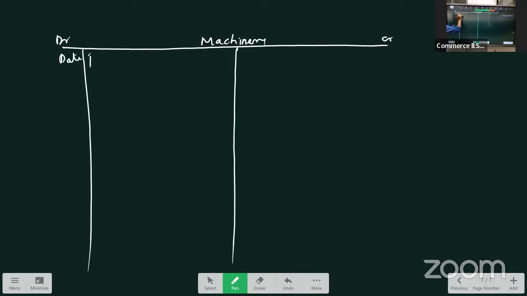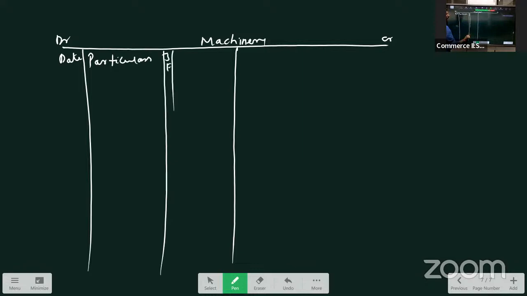Let us go to preparing the ledger. Remember the format of preparing the machinery account? It is a simple ledger with the left-hand side as the debit side and the right-hand side as the credit side: date, particulars, JF, amount.